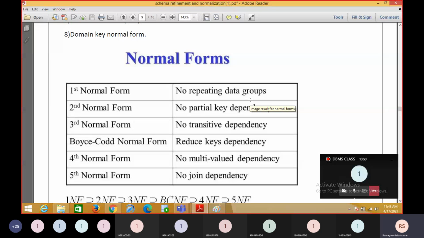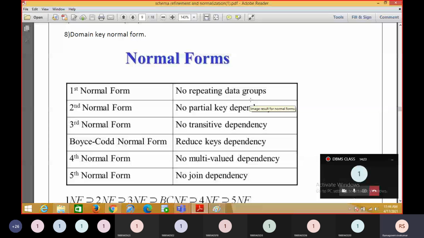For example, if you take the course, a student can do multiple courses at a time, like C, C++, Java. He is doing 3 courses. We cannot insert 3 courses in one column. If we write like that, it is not following the first normal form rule. So we should write student ID and course name separately.